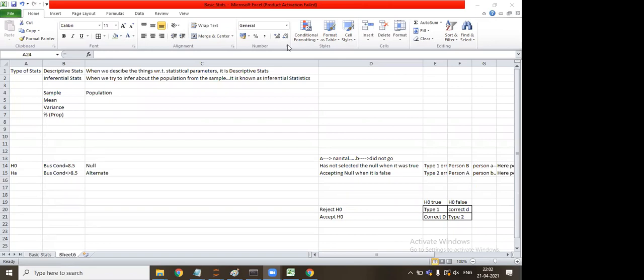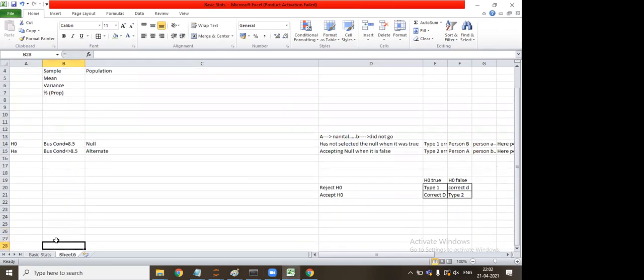Now the central limit theorem has the answer. So let me write it down.